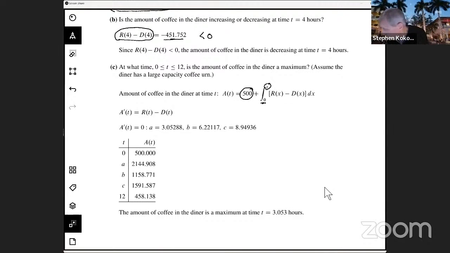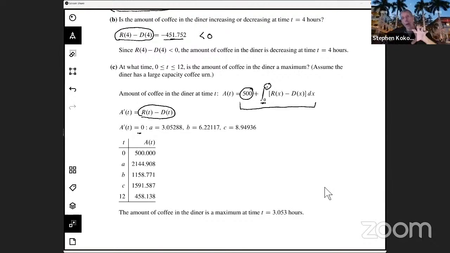Okay, what are the critical values? Well, I need to find the derivative of this function. And the derivative of that function, first of all, the derivative of 500 is 0 with respect to t. And the derivative of that integral part is just the fundamental theorem of calculus. So that's just R of t minus D of t. So what I need to do is I need to take this expression, set it equal to 0 and solve, and I did that.